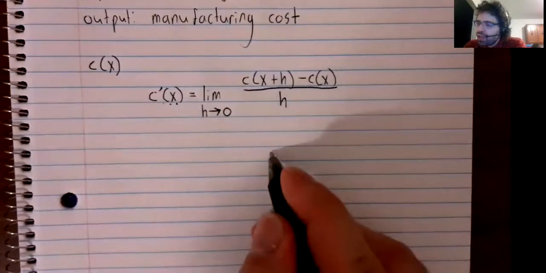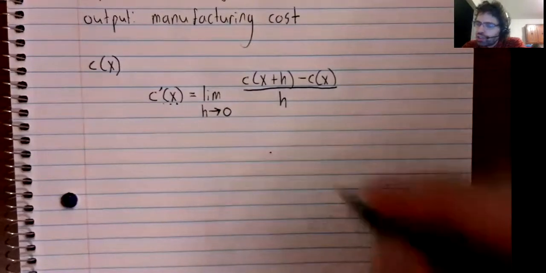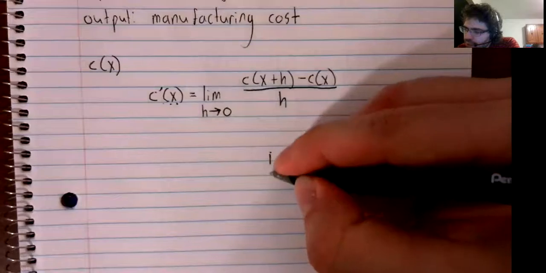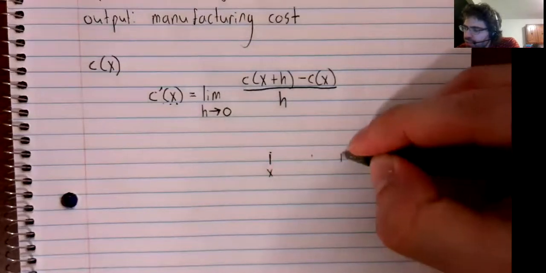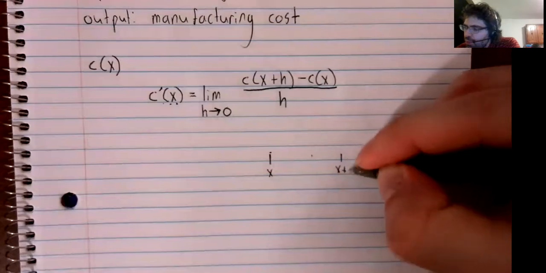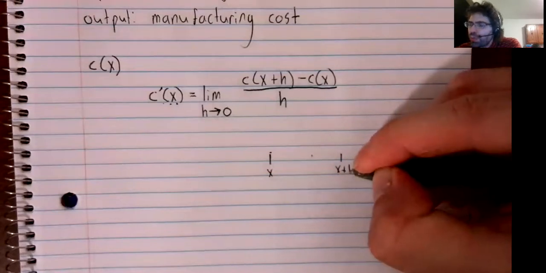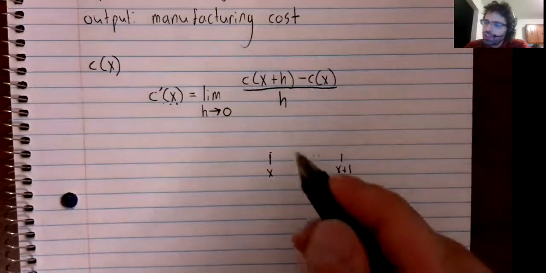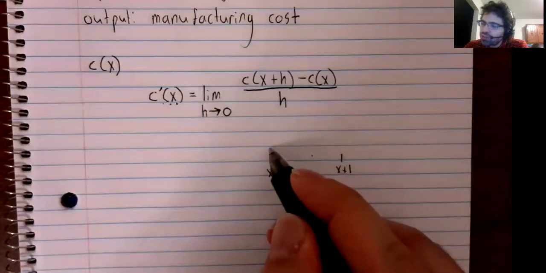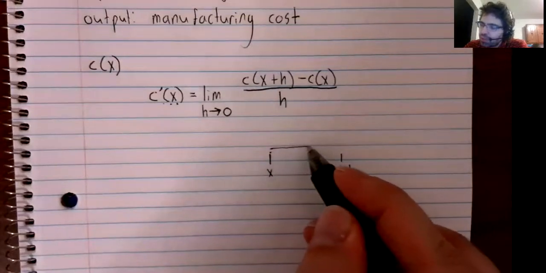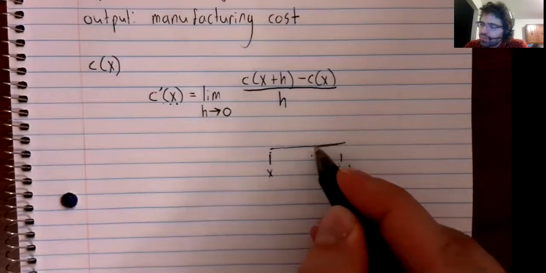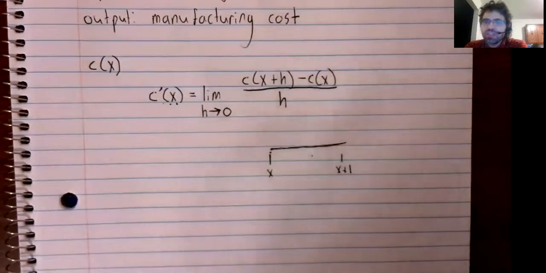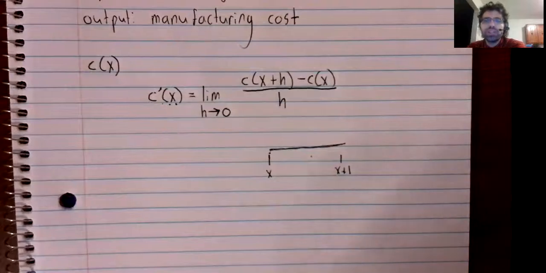So we've got our cost function, and presumably, the more objects you're manufacturing, the more it costs. But that increase is presumably pretty small.